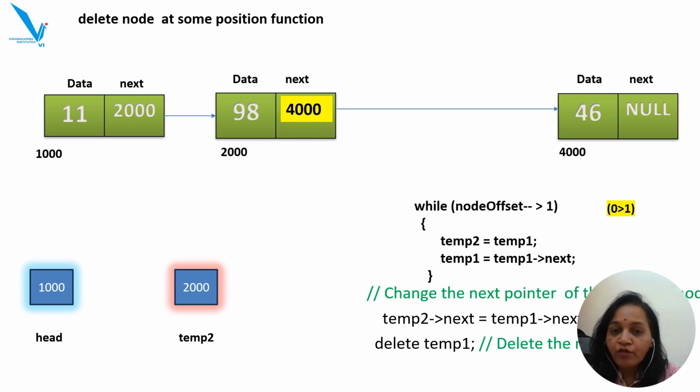And check out, we have successfully deleted our node at position number 3, at offset position number 3. Okay, so this is how you can delete the node at some position. So similarly you can give the last position and you can delete the last node as well. Okay, thank you.